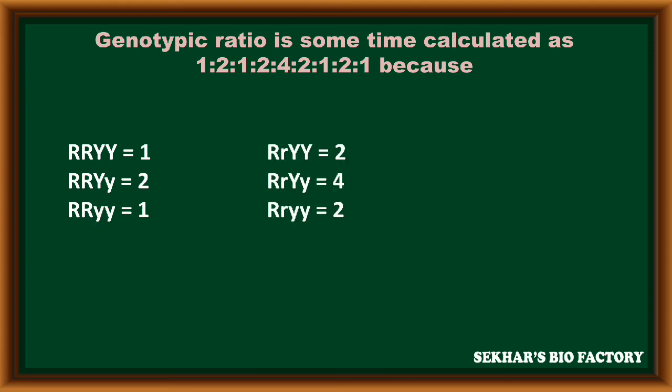In the second combination, we take capital R small r three times and combine with capital Y small y. We get 2 is to 4 is to 2. In the third combination, we take small r three times and combine with capital Y small y. Now it is equal to 1 is to 2 is to 1.